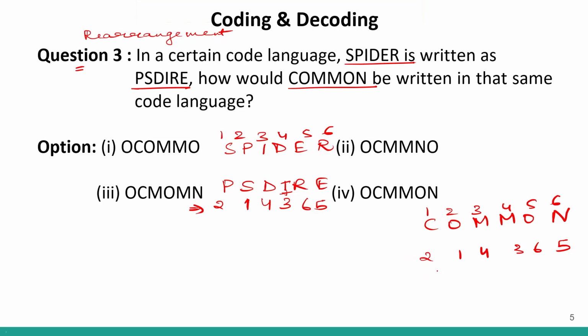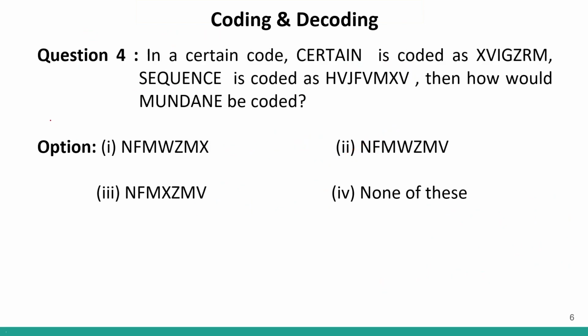So if I write them like this, it will be O at first position, we have C. Fourth position, we have M. Third position also, we have M. Sixth position, we have N. And fifth position, we have O. So it will be O, C, M, M, N, O. And OCMMNO is given in which option? It is given in option number 2. So option number 2 will be the correct answer to this question. Clear? Question number 4. Question number 4 says, in a certain code, certain is coded as this word.